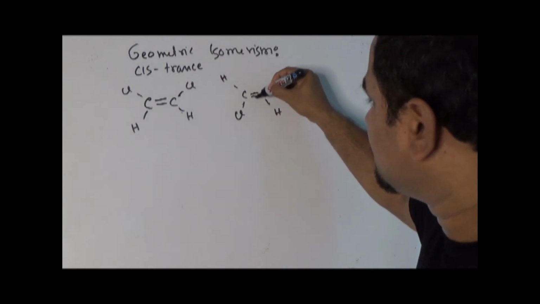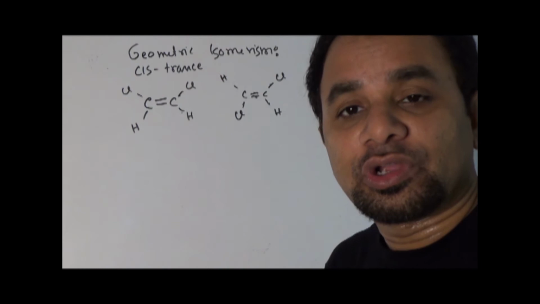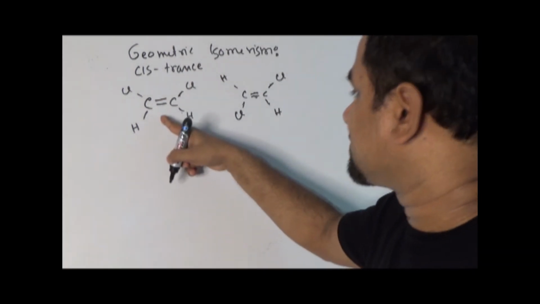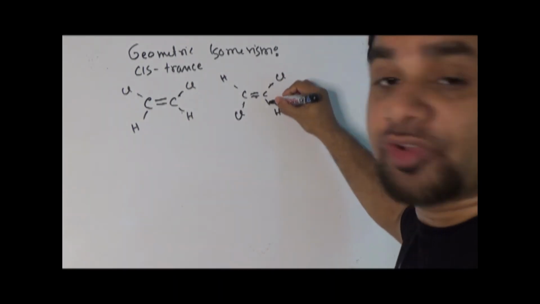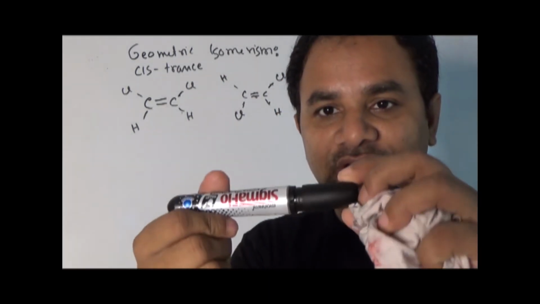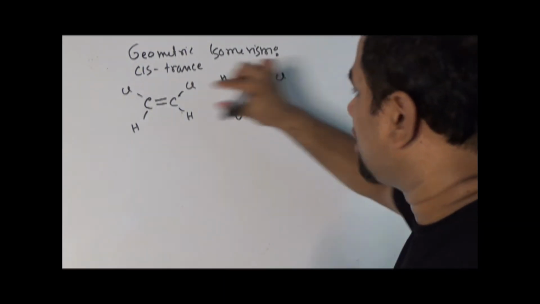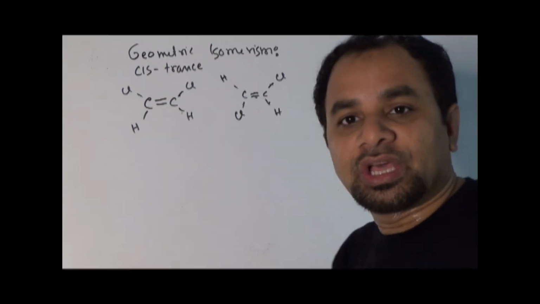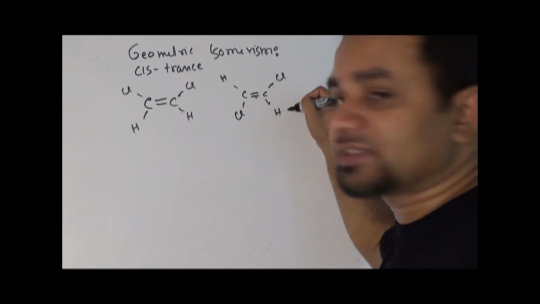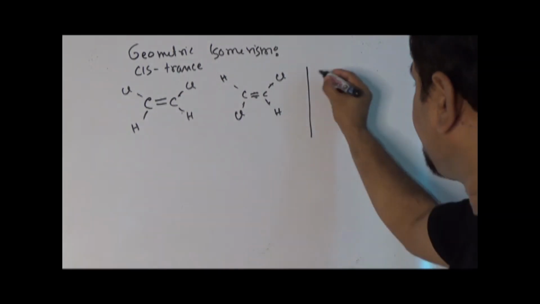These bonds have restricted rotation: 1 sigma, 1 pi. Due to the pi bond, it cannot rotate. These two bonds can rotate freely. It's just like that. If you see here, you can rotate, but here not. So restricted rotation and free rotation. The freely rotating groups are different. So this is what I'm giving here for stereoisomerism.